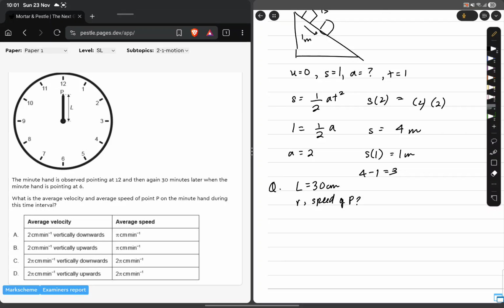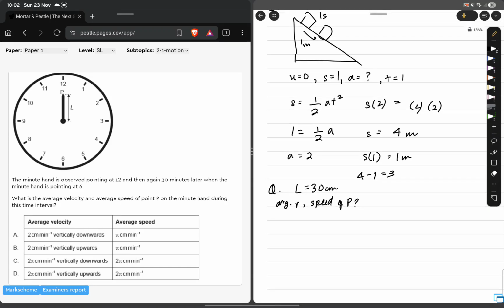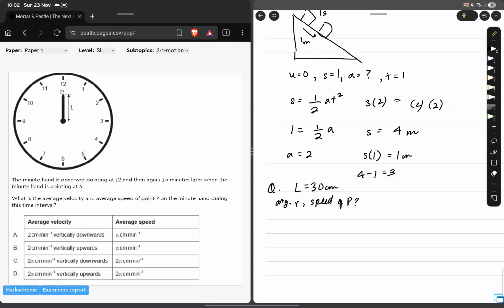Well, the definition of average velocity is the change in distance over change in time.